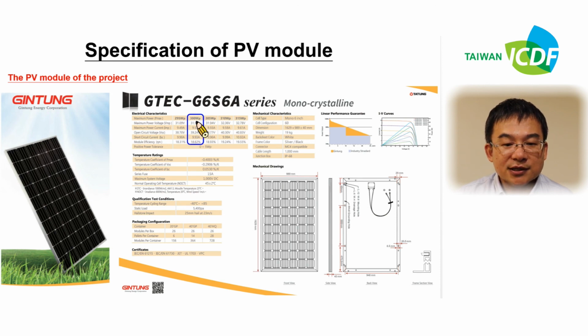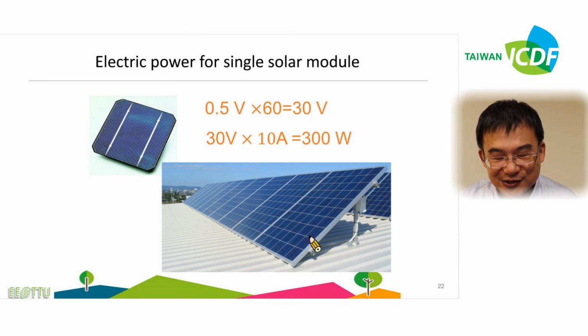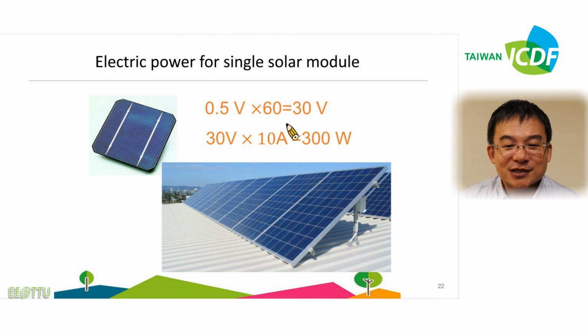And how do we calculate the 300 watts? It means that each solar cell provides 0.5 volt, and we have 6 solar cells in one module, so the total voltage is 30 volts, because all the cells are connected in series, and the current is close to 10 amps.